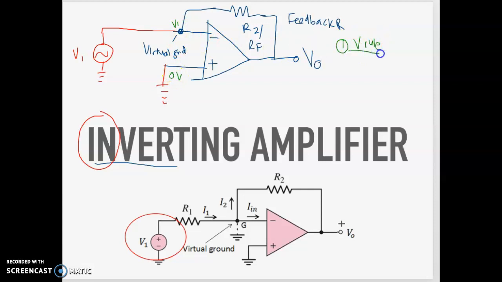By rule number 1, the voltage rule, you will make both voltages the same. So this one is 0 and here will be 0. It's not directly ground, but it will be 0 because the input here is 0 volt. Because you will try to make both voltages, V1 and V2, the same due to the golden rule. So that's why we name it virtual ground.